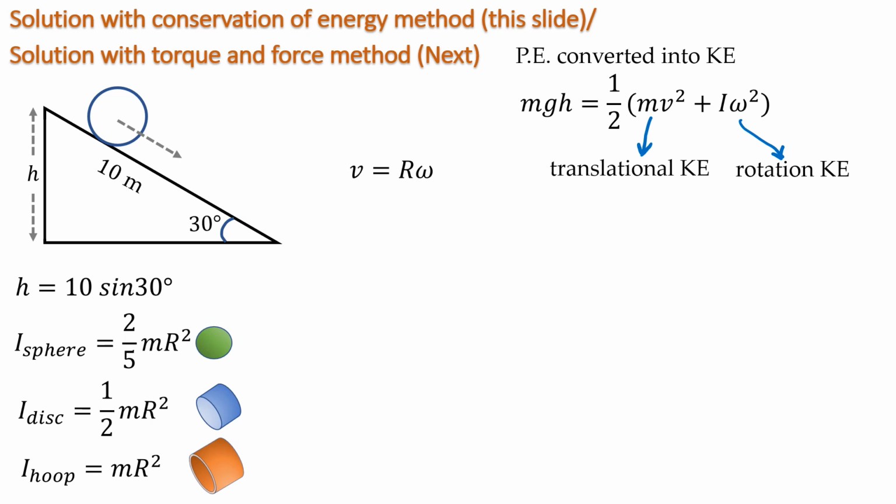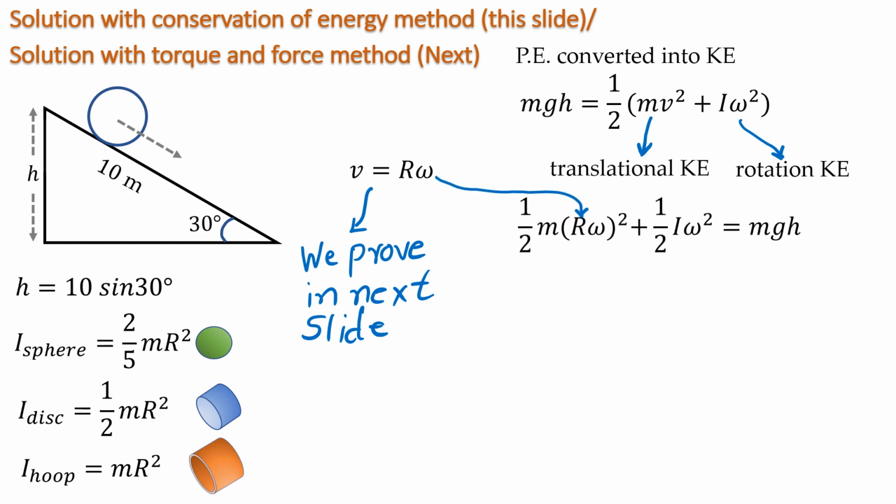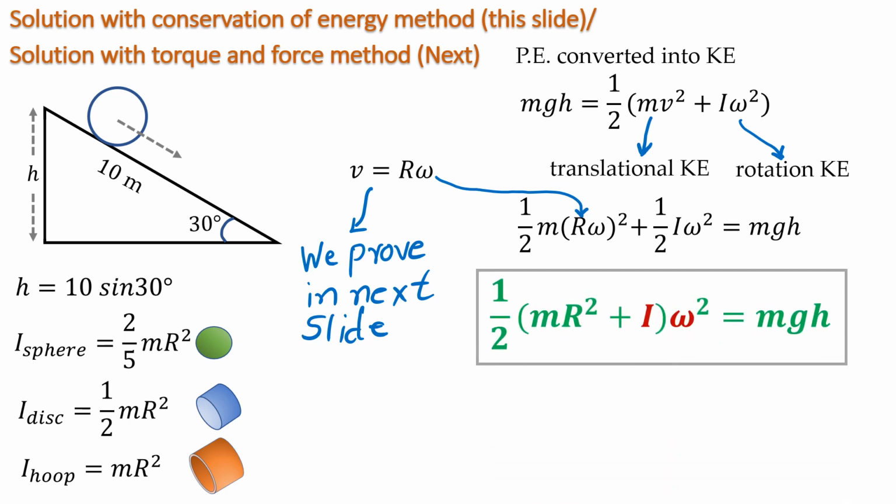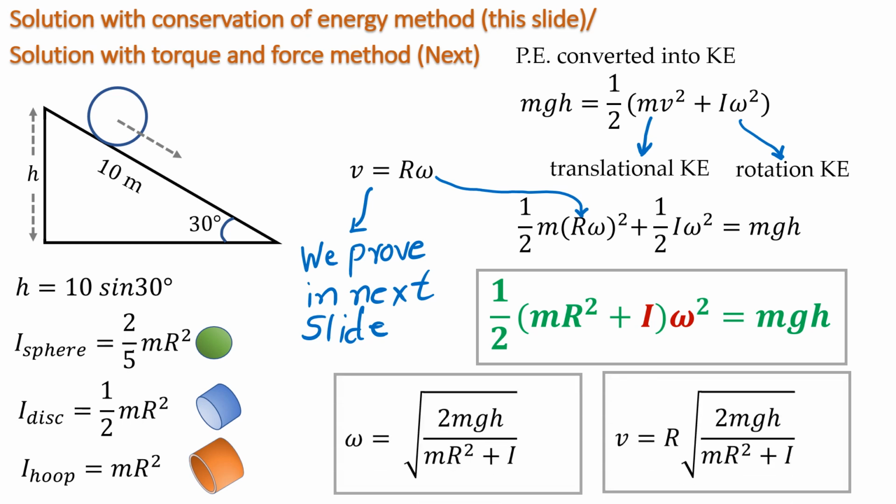It's not very obvious, and we'll prove it in the next slide. For now, let's proceed with this assumption. We substitute v for r omega, and the rest becomes straightforward, simple algebra. We get this, and from this we can easily get angular velocity or translational velocity.